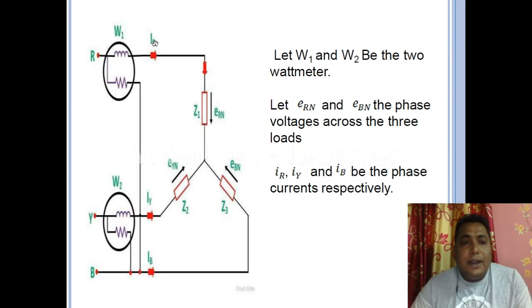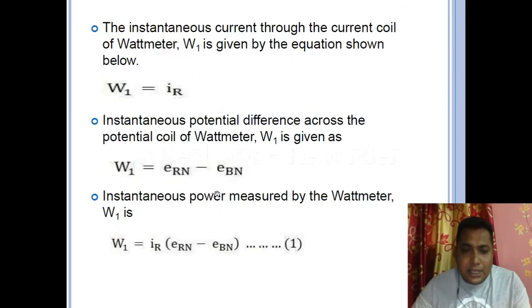Now what is the voltage? This potential coil is connected between the R phase and the B phase. The R phase has the voltage ERN, and the B phase has the voltage EBN. The difference between these two will appear in this parallel coil, correct? So the formula will be this current and the difference between this phase voltage and this phase voltage, ERN minus EBN. Now let us check if it is there. Yes, IR into ERN minus EBN.